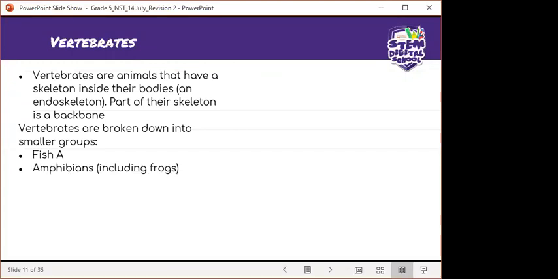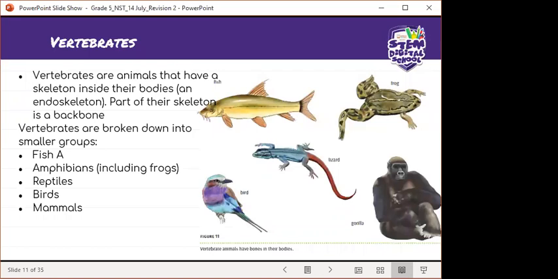We have fish, amphibians, reptiles, birds, and mammals. So you see where the reptiles and mammals fall in there, guys? Your mammals and reptiles fall under vertebrates. Here we have examples of the vertebrates: the fish, the frog, the lizard, the bird, as well as the gorilla.